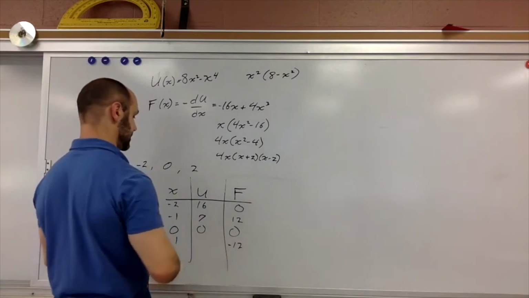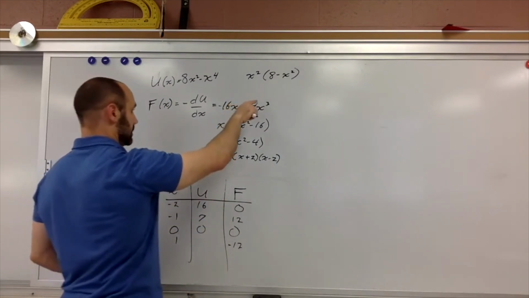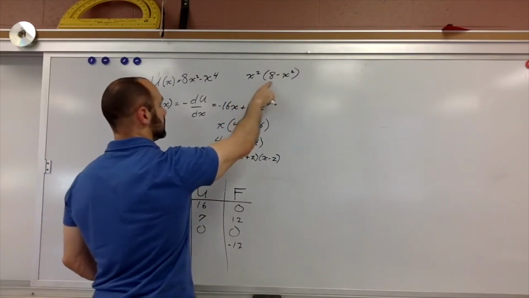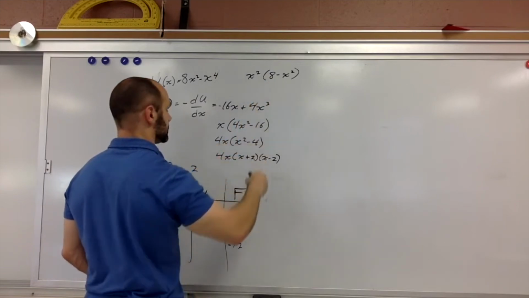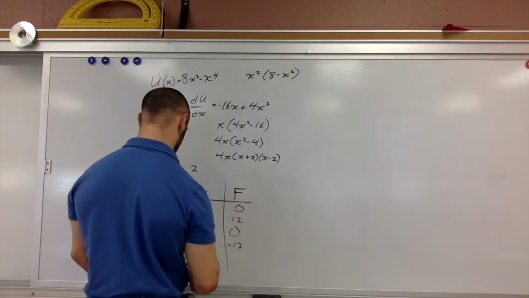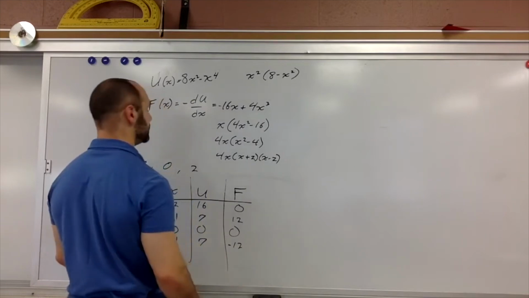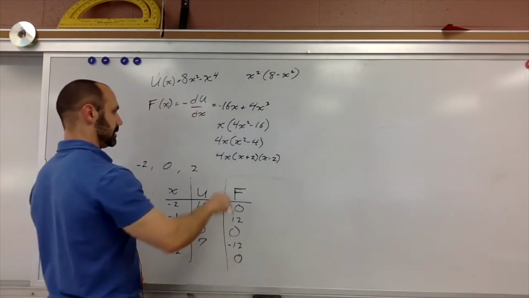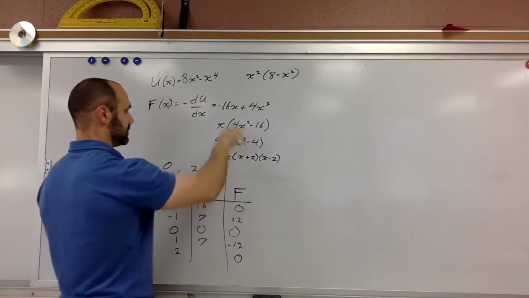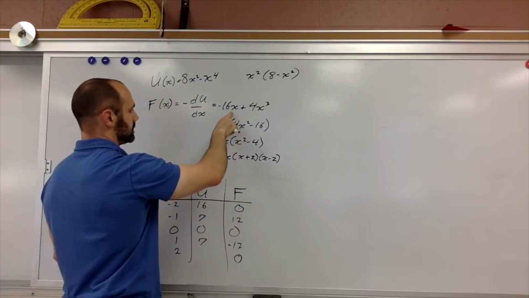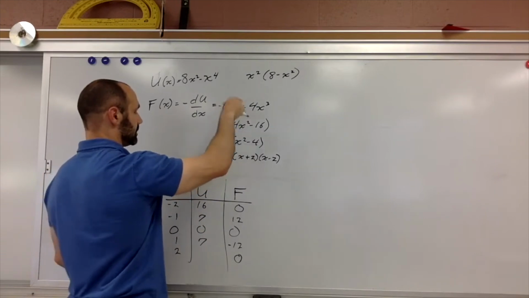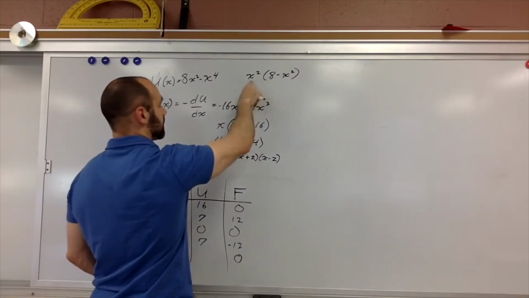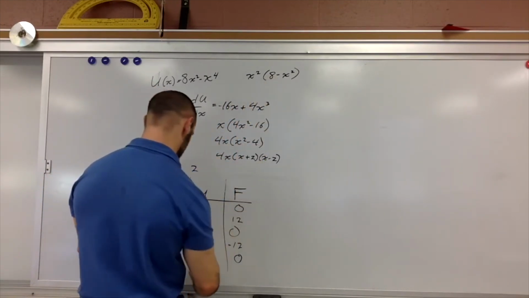For the potential energy at 1, it's 8 minus 1, so 7 again. If I put in positive 2, the force is 0, and the potential energy is again 16.